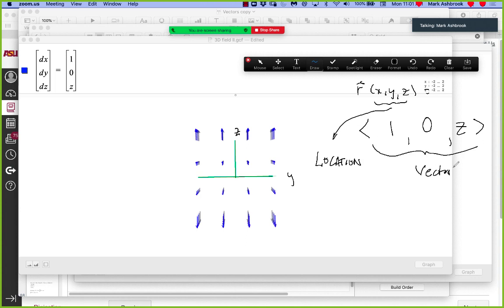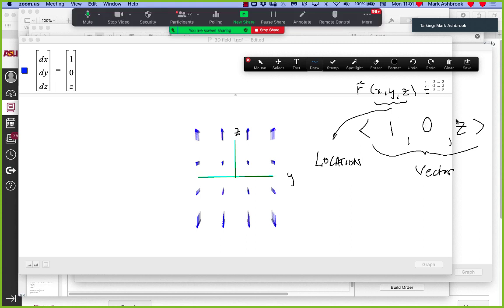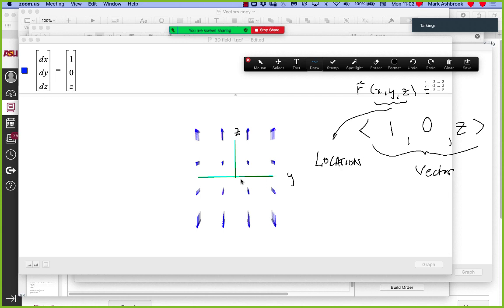So a vector function gives you a vector for every location. The formula for the vector field tells you what the vectors are as a function of where you are. I'm looking at these vectors and I'm seeing that there's no y component to these vectors. I see. All of it is up and down. And there's nothing left and right, so that means a y component of 0.